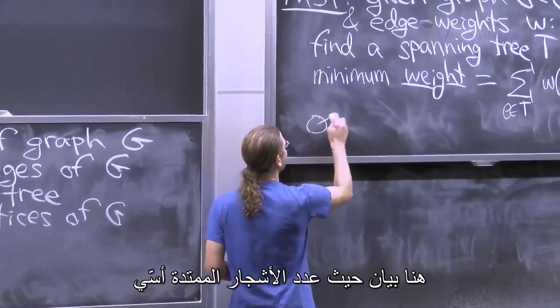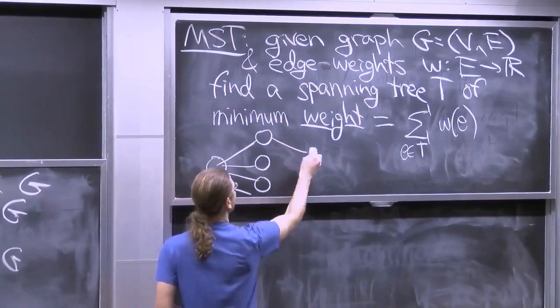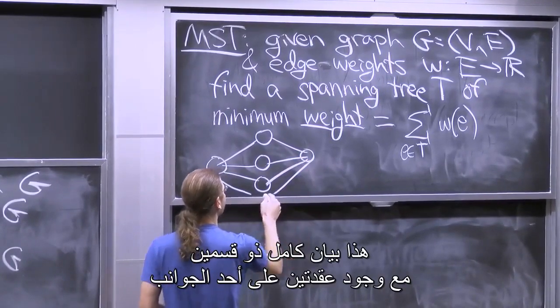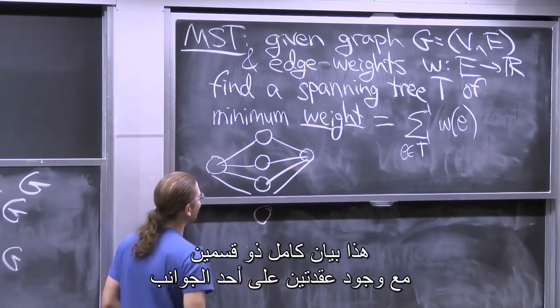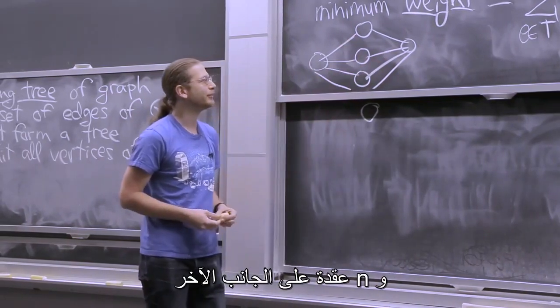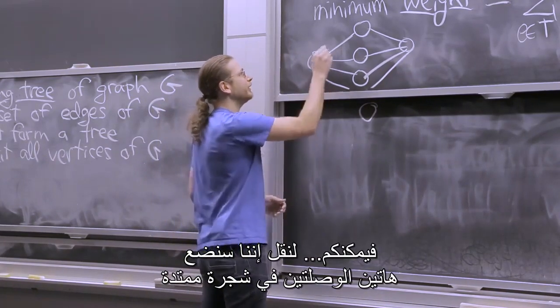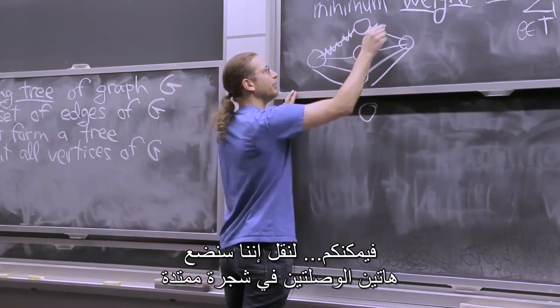Here's a graph where the number of spanning trees is exponential. This is a complete bipartite graph with 2 vertices on one side and n vertices on the other. Let's say we put these 2 edges into the spanning tree.